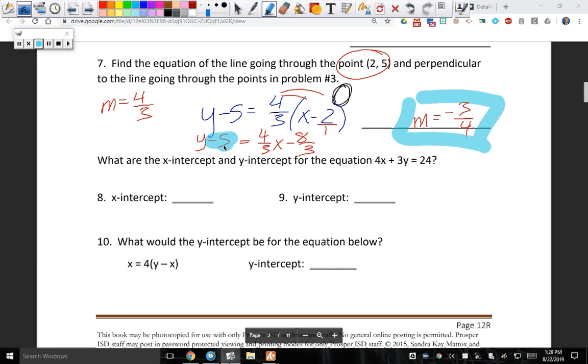We're going to add 5 to both sides. You with me? So in your head, guys, if I'm adding 5, I'm really going to add what? 15/3. So negative 8 plus those 15, 7/3. So we get 4/3 x plus 7/3. Speed with accuracy.